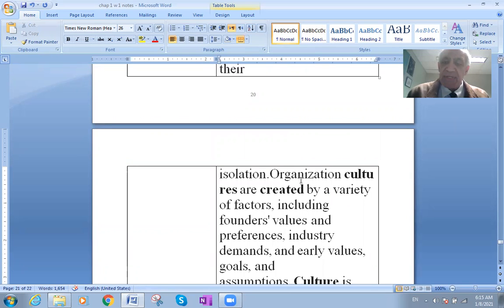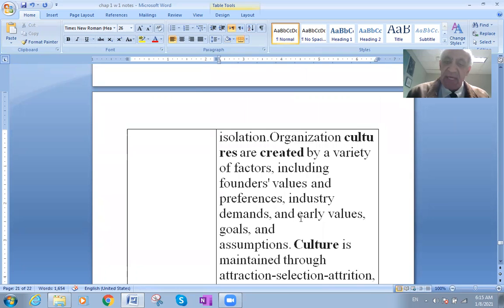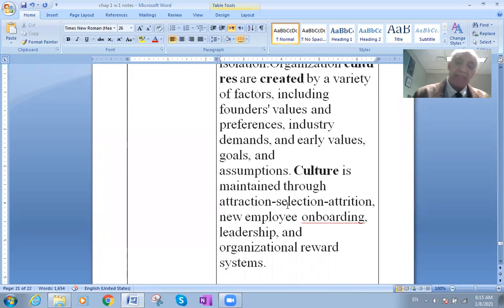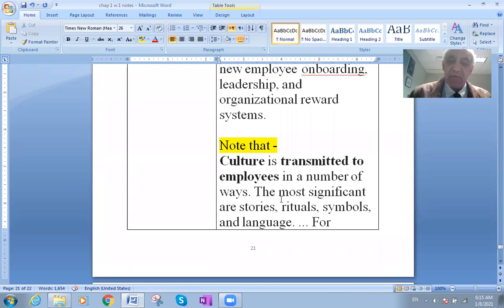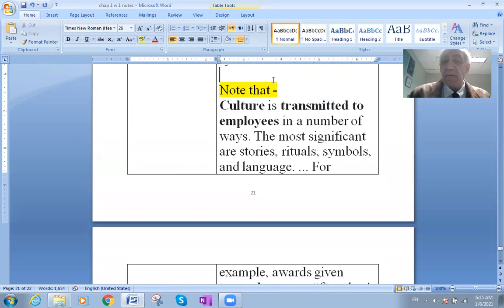Organizational cultures as well are created by a variety of factors, including founders, values, preferences, industry demands, and early values, goals, and assumptions. So all those now are the culture, how people in one group keep one culture, an identity culture between them. It's not even a matter of the culture of the whole country.